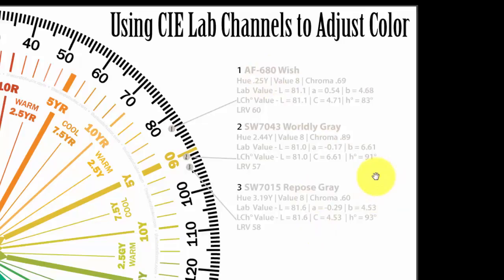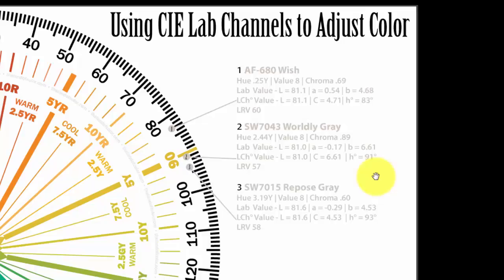This method, searching on lab values, is definitely an advanced skill set. It's something that you get better at the more you do it. And the more proficient you are, the more options you have as far as finding the color that you're looking for out of the collections available on Easy RGB.